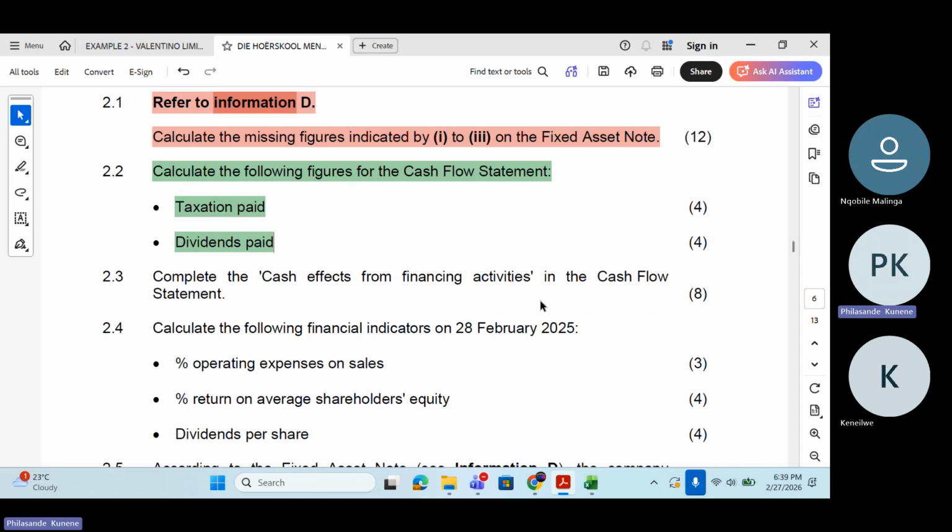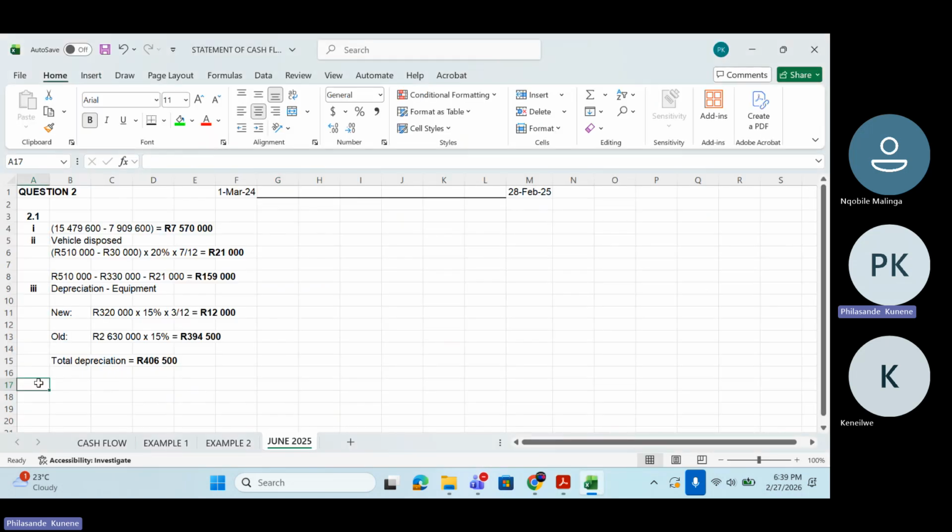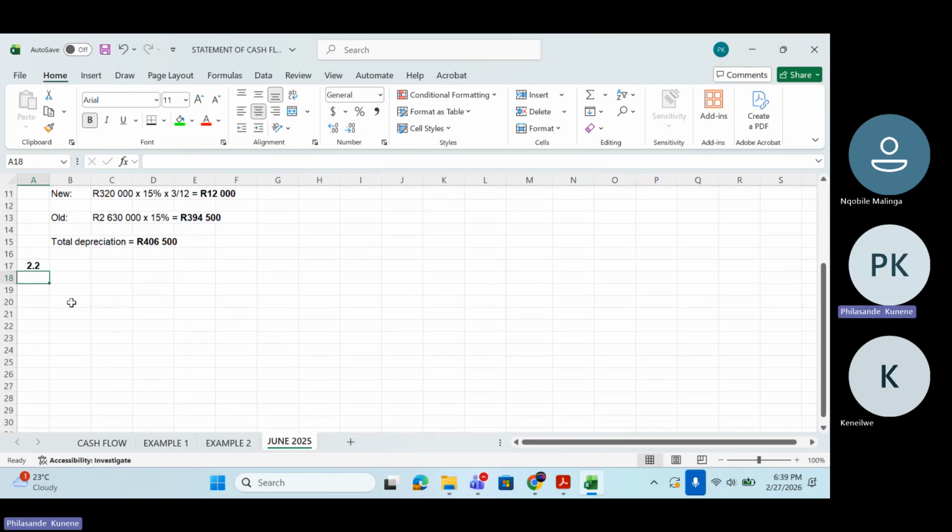Taxation paid. Let's go and look at the information. Remember, when you're calculating tax paid, I told you that you must prepare your T account. I don't want you to use the note. I want you to do a T account to calculate the taxation paid. So I'm going to say 2.2 here.